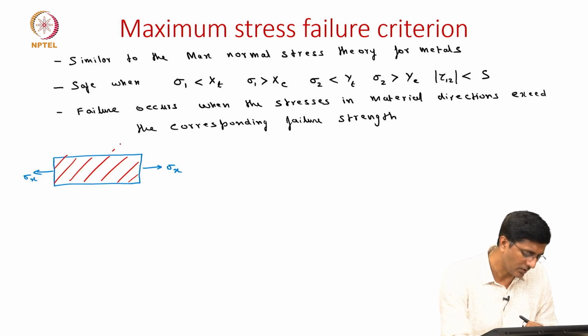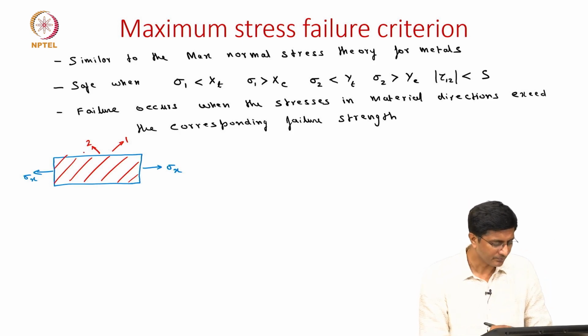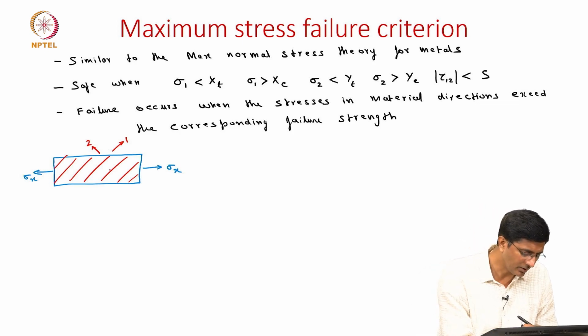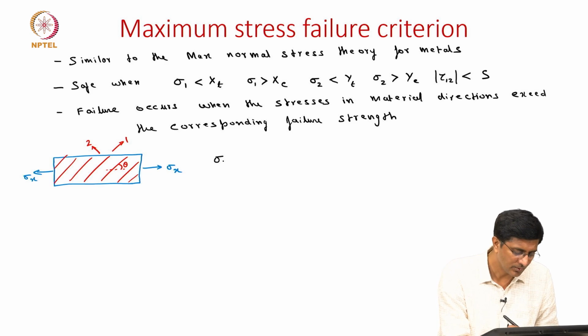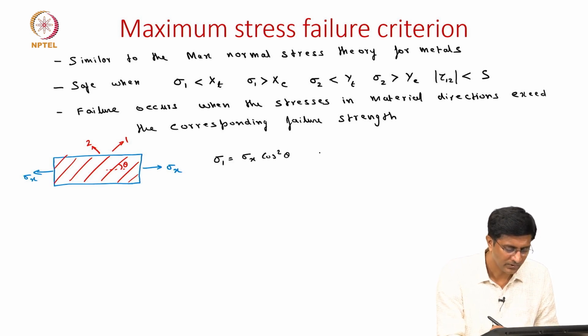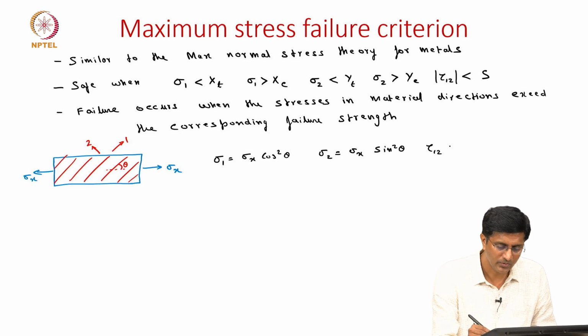The directions 1 and 2 are along the fibers and perpendicular to the fibers, and these make an angle of theta. From stress transformations, we know sigma 1 is equal to sigma x cos square theta, sigma 2 is sigma x sine square theta, and tau 12 is minus sigma x sine theta cos theta.